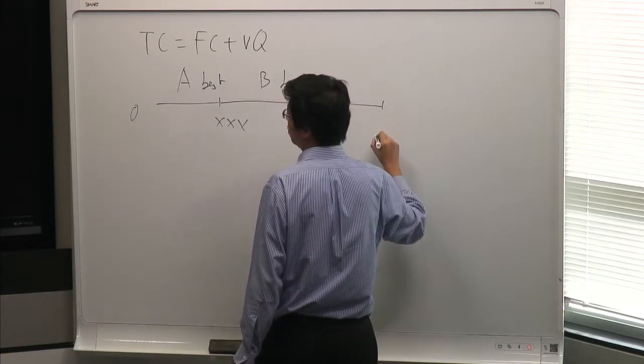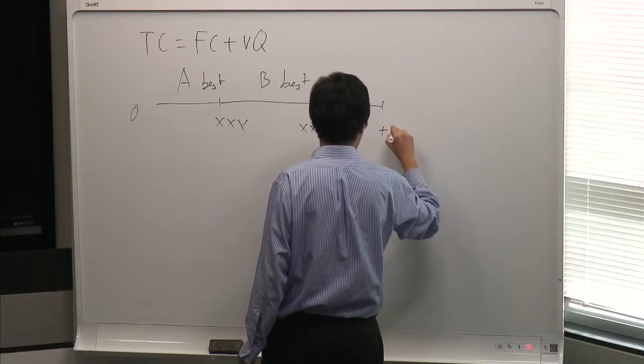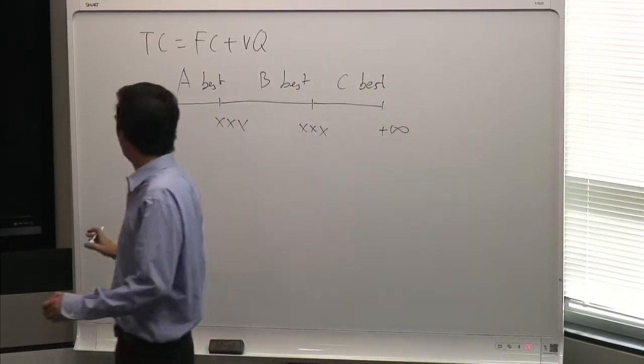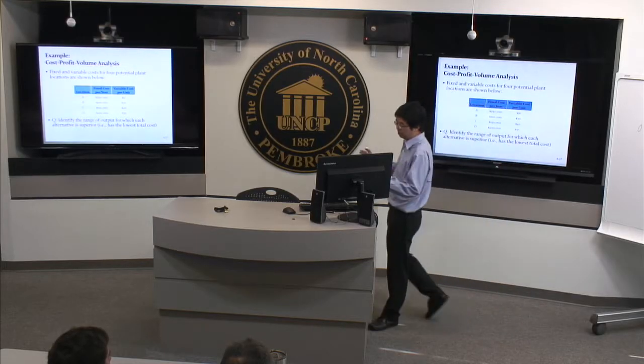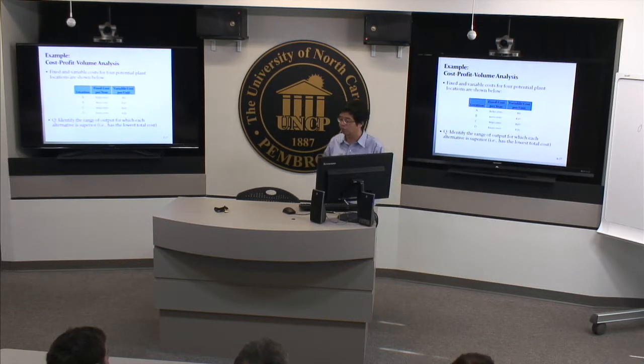Some other number until maybe positive infinity, C is the best. Something like that. So you have to tell me the output ranges that make some location most attractive.